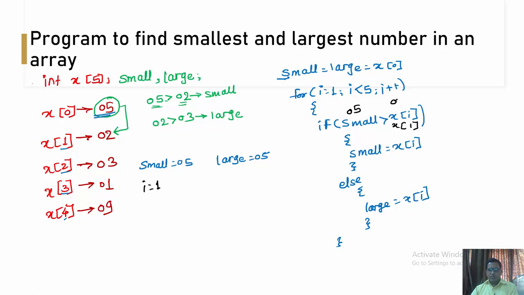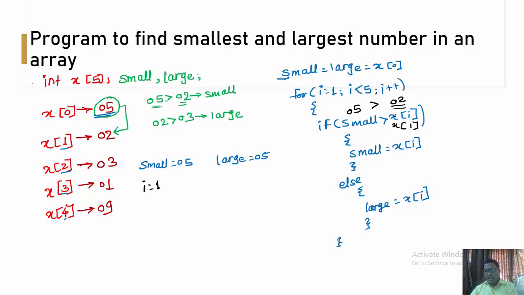It is 02. So is 05 greater than 02? No, the condition is false here. Sorry, extremely sorry. As 05 is greater than 02, the condition is true. So it indicates the x of 0, which was 05, is greater than 02.